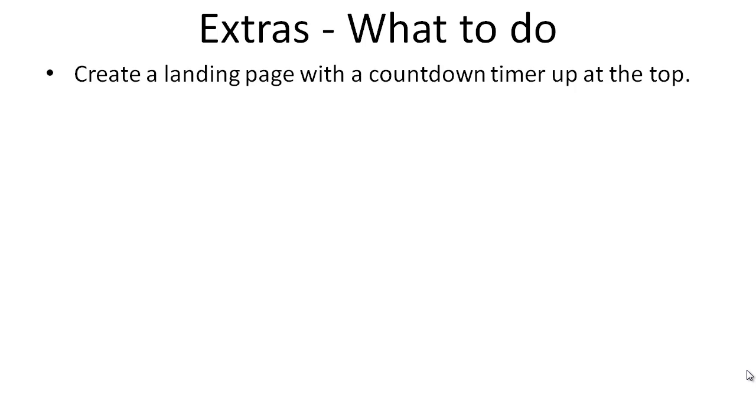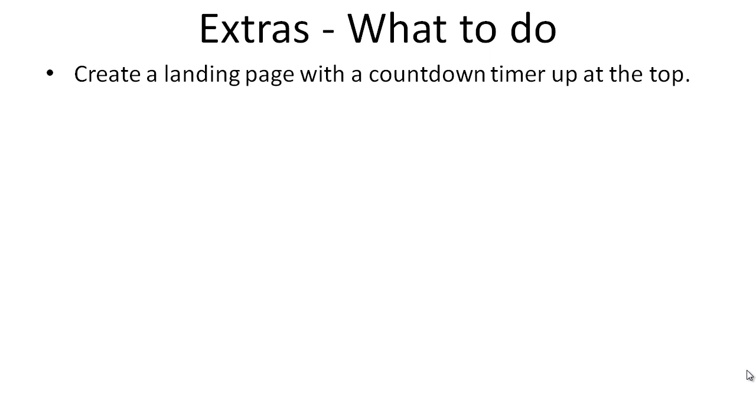Now, I know I'm not going to talk about this in this video course, but I do want to talk a little bit about how you can increase your conversions with countdown timers and using scarcity. So here's what you can do in addition to creating a high converting webinar. You can create a landing page with a countdown timer up at the top.